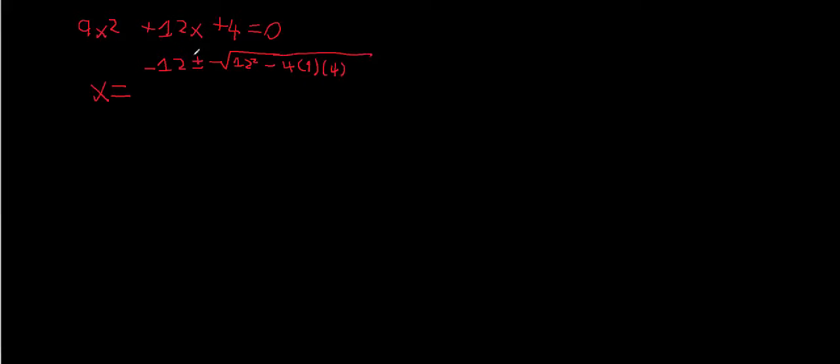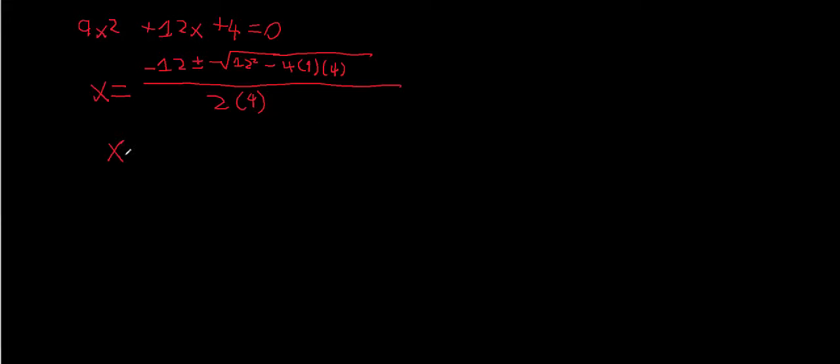And then let's put all of that over 2 times 9. Let's work through this problem together. So 4 times 9, first off, is 36. And negative 36 times that 4 there is going to be negative 144.